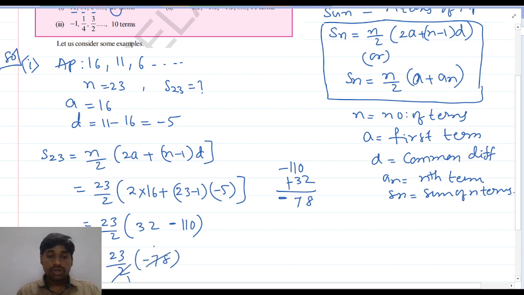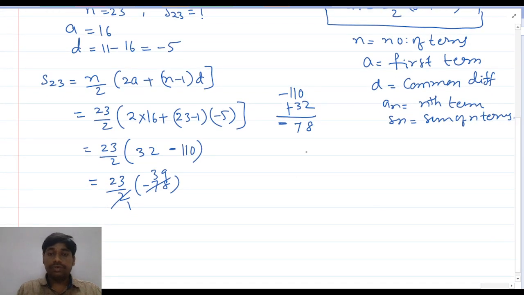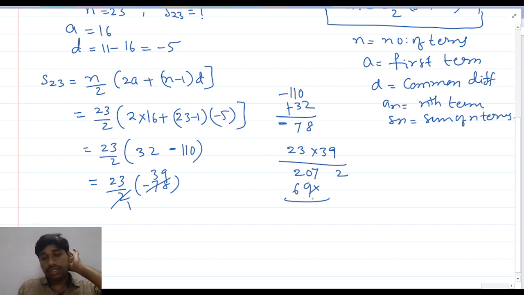So here we have to multiply 23 with 39. 3 nines are 27, 2 nines are 18, 18 plus 2 is 20. 3 threes are 9, 2 threes are 6, which gives 897. So the answer is minus 897.